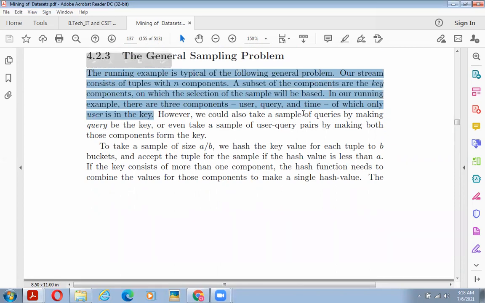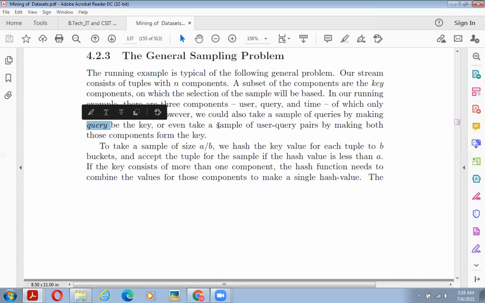Here we could also take a sample of queries by making query be the key, or even take a sample of user-query pairs by making both those components form the key, that is, the key we are getting derived by the bucket list of 0 to 9 in the previous example.